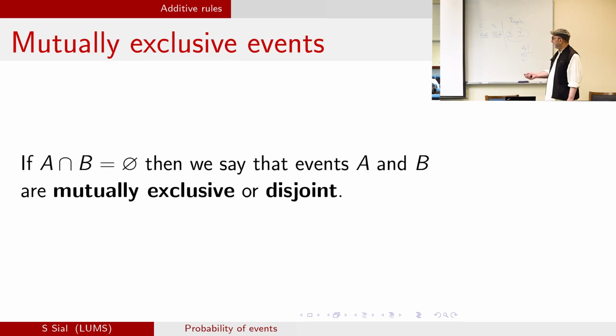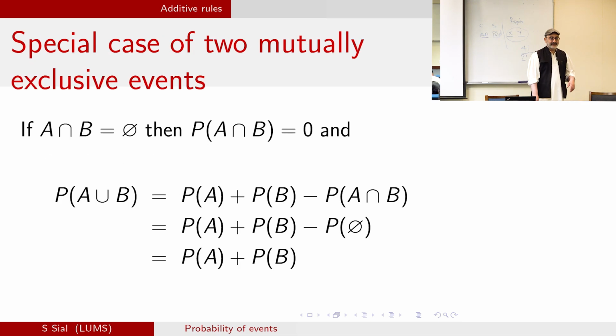Okay? Once again, if A intersection B is empty, if there's no common element that's in both A and B, then we say that A and B are mutually exclusive or disjoint. We introduced that before. In the special case of mutually exclusive events or disjoint events, the probability of A union B is the probability of A plus the probability of B minus the probability of the intersection.